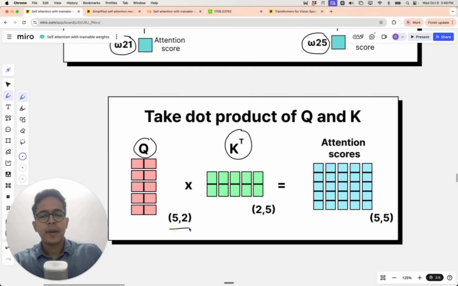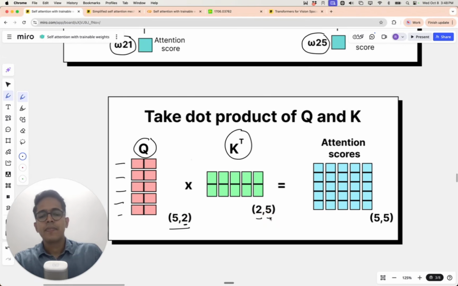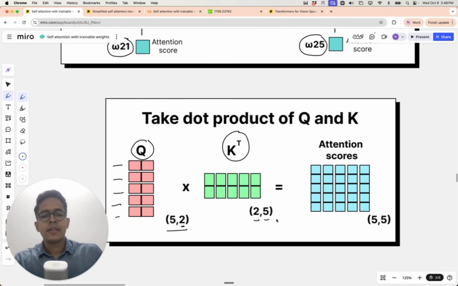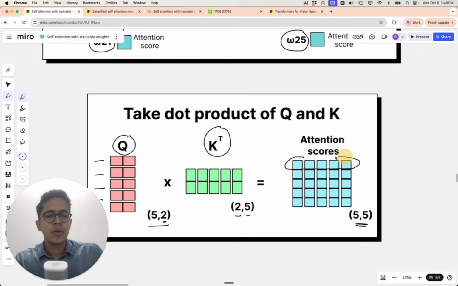Q was 5 by 2 because you had 5 vectors, the dog chased the ball, and 2 because the query space has a dimension of 2. Key space has a dimension of 2. Value space has a dimension of 2. Key transpose will be 2 by 5, and when you multiply these two matrices, you get 5 by 5. These are the attention scores for the dog chased the ball.